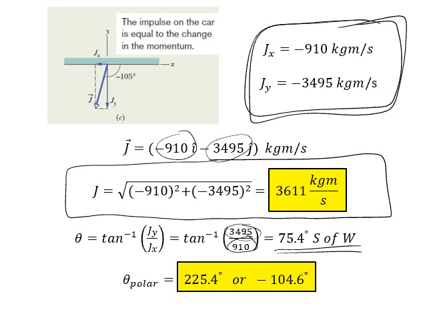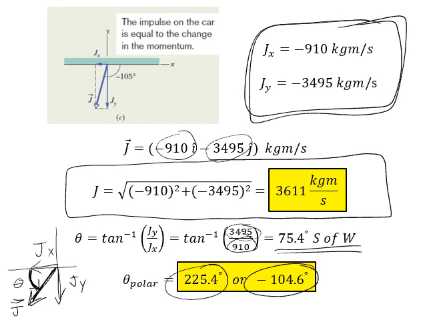Since we had a negative y impulse and a negative x impulse, our impulse vector points like this, and the angle we just figured out is this one. It's always the working angle. I would describe that as 75.4 degrees south of west, or in polar coordinate form, 225.4 degrees or negative 104.6 degrees.